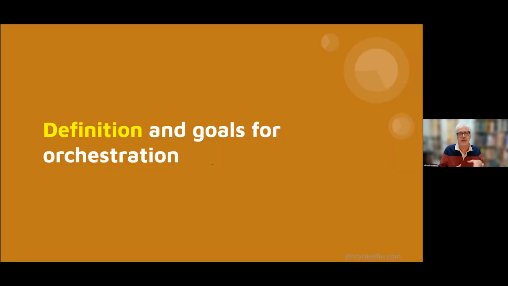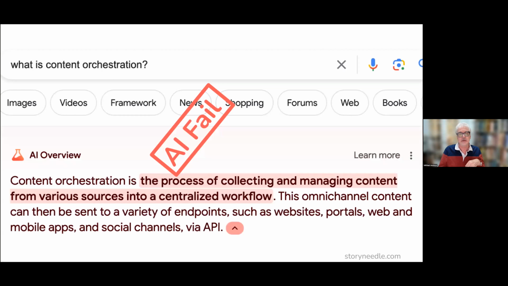So let's start with what content orchestration is and what are the goals for it. When I was preparing this talk, I really wanted to find a definition that's already out there, that someone else has already defined in a way that is a good definition. And we now have a lot of AI bots that are providing us answers instantly, and this is what Google gave back.